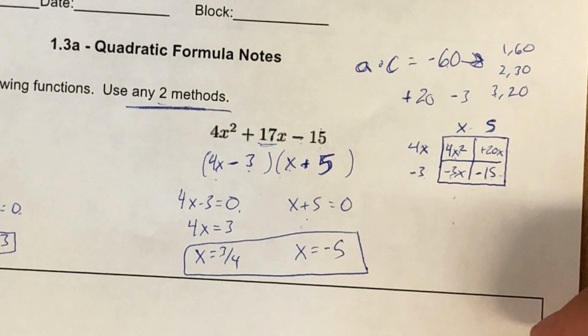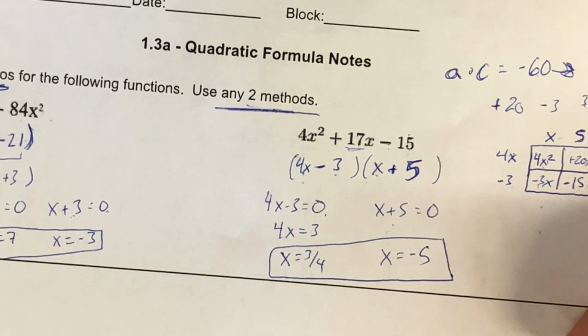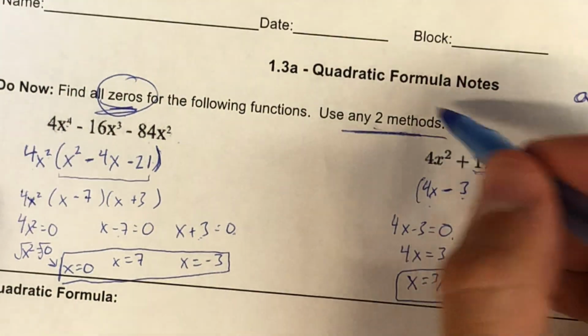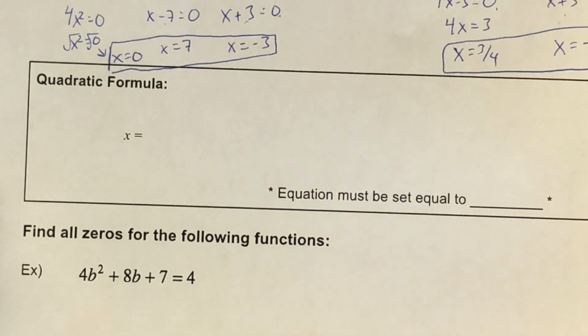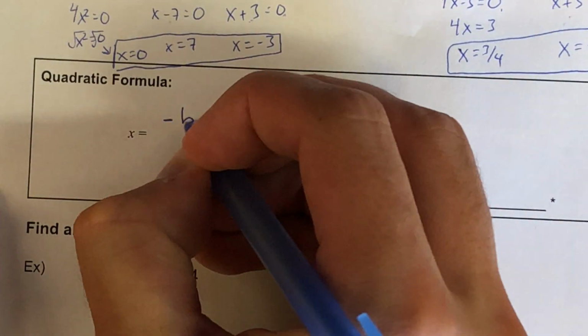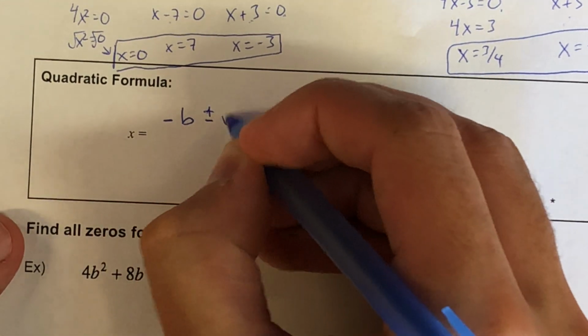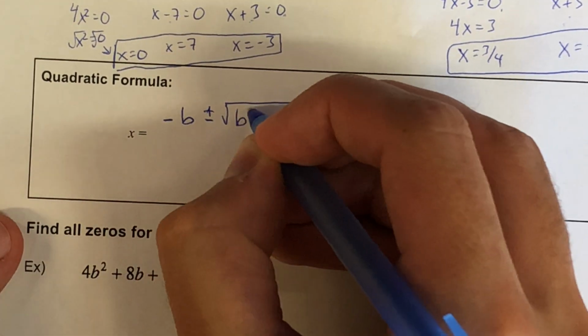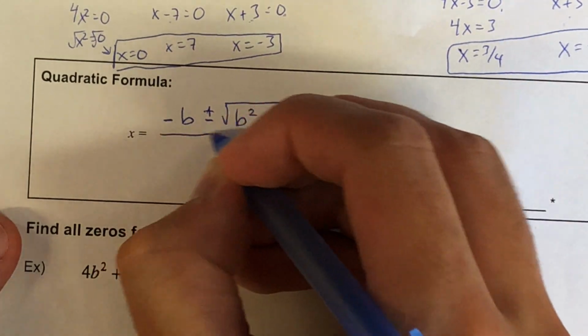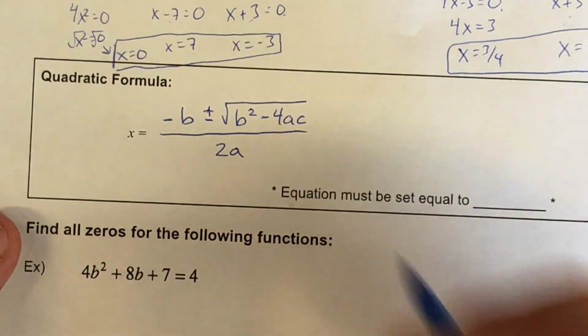Okay, another way to find zeros or roots is the quadratic formula. So, the quadratic formula, you may recall, x equals negative b plus or minus the square root of b squared minus 4ac, all over 2a.